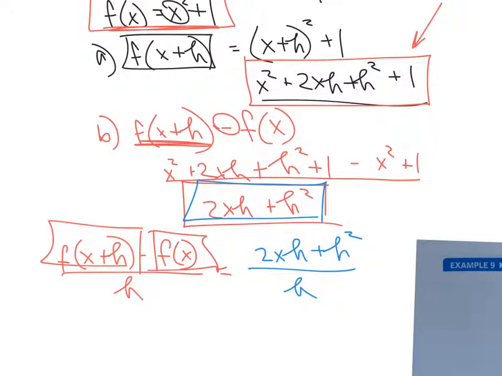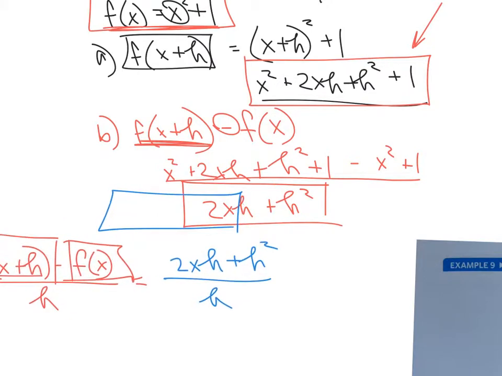The only thing we have to do now is factor that h out of the numerator, cancel those, and that's what we have for an answer. That is the slope of the secant line and the average rate of change.